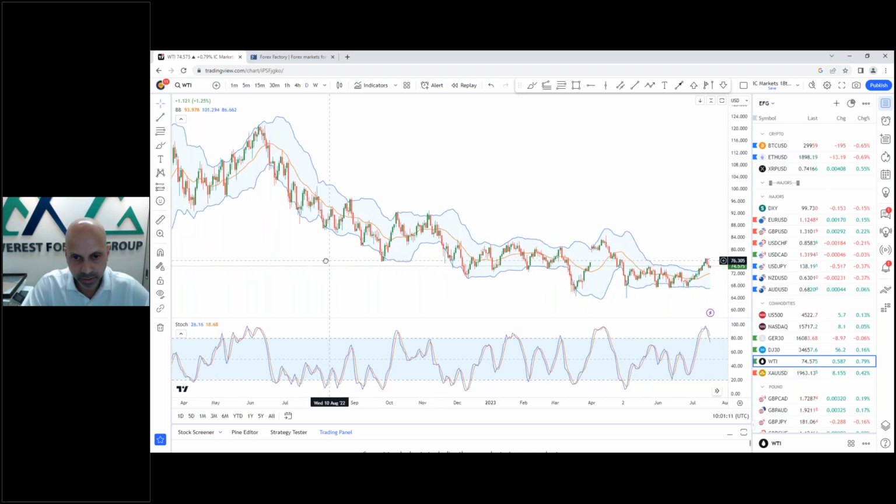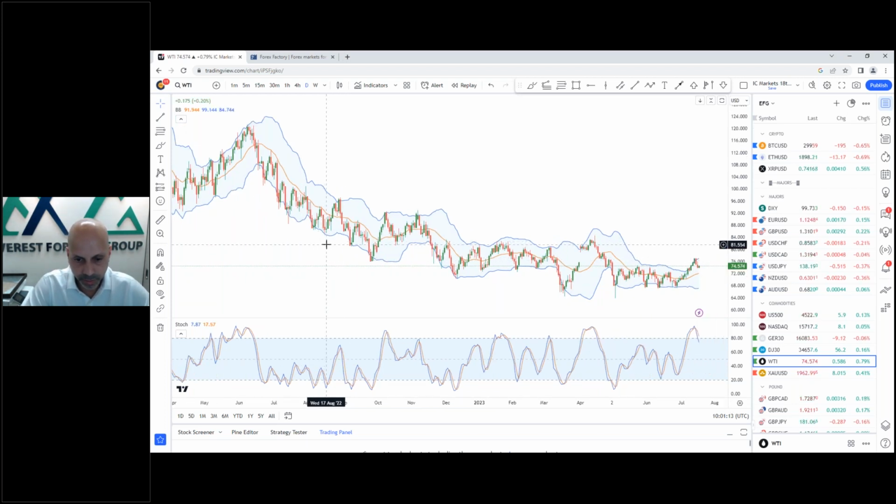You can see that over multiple times, whenever stochastic has dropped under 20 and price is pushing below the lower bound of the Bollinger Band on the daily time frame, this has usually led to a reversal in price action.